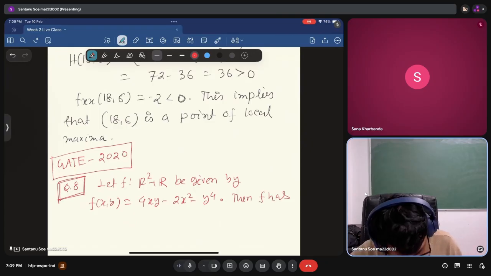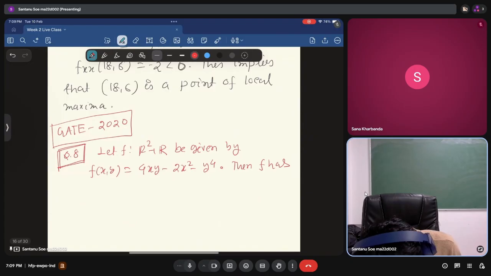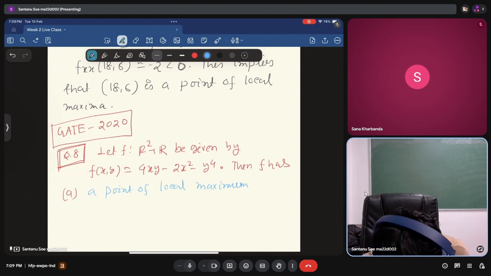Then f has a point of local maximum and a saddle point. Okay.